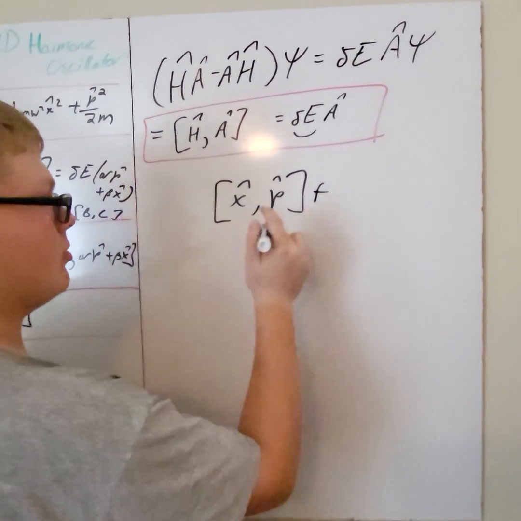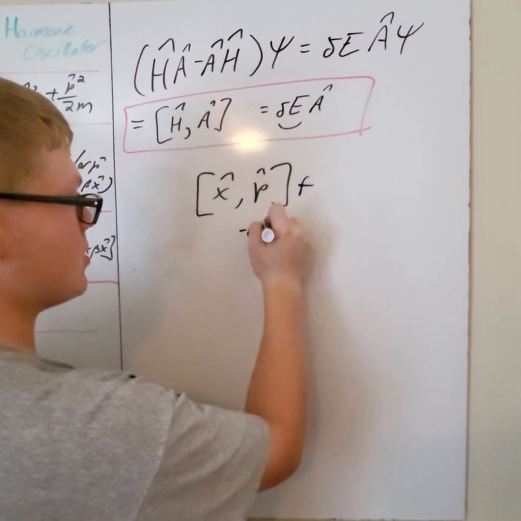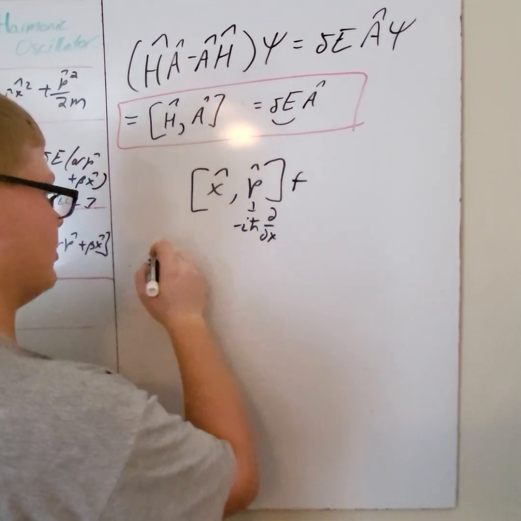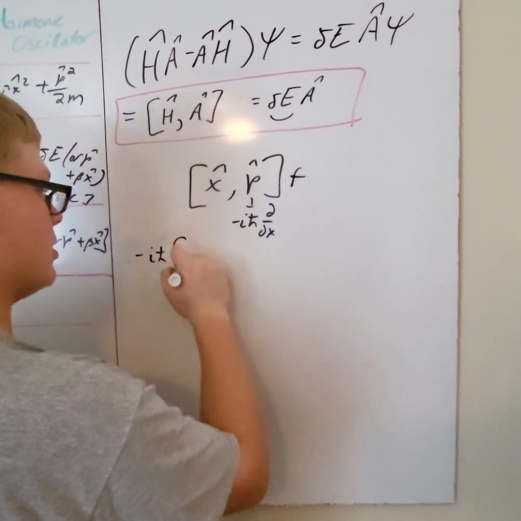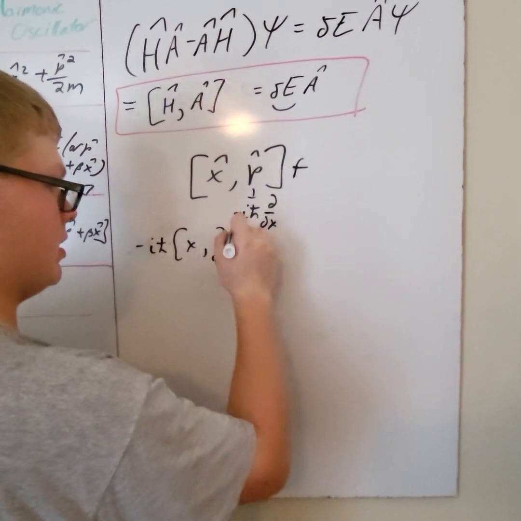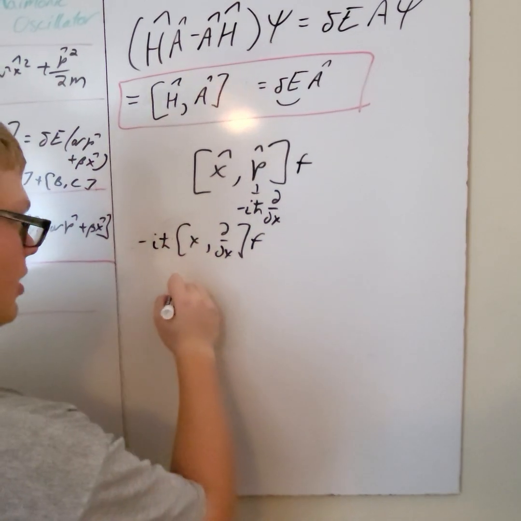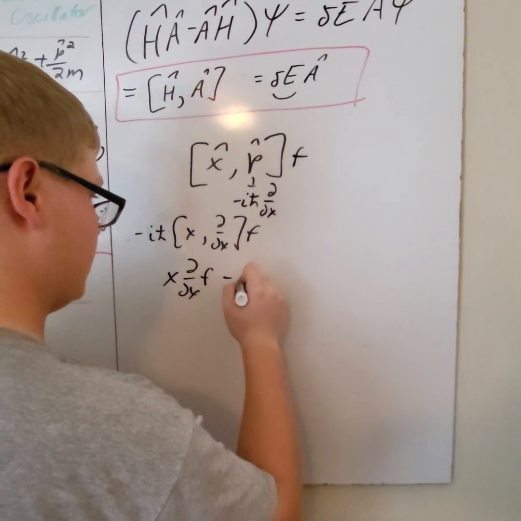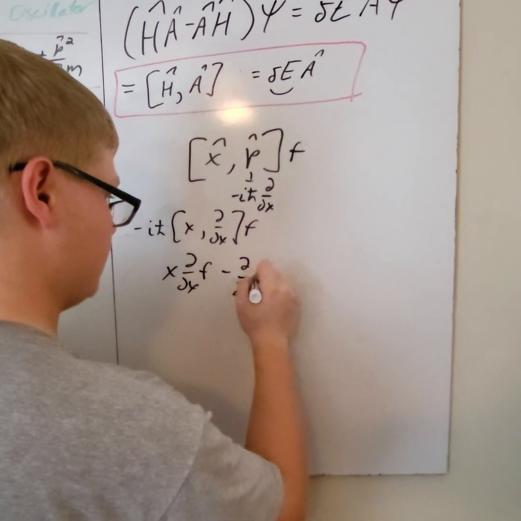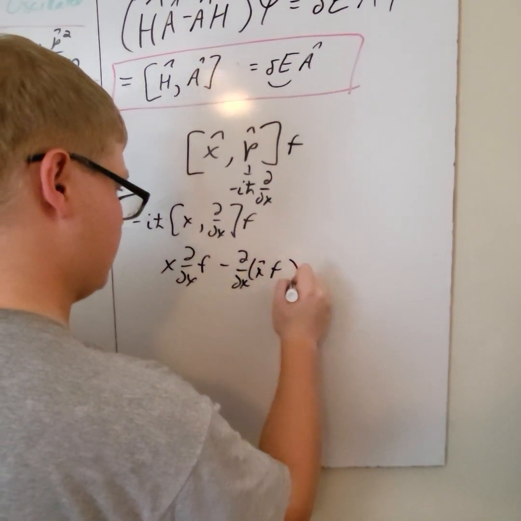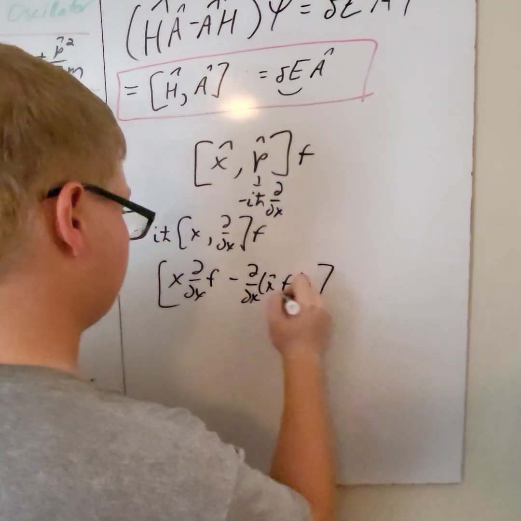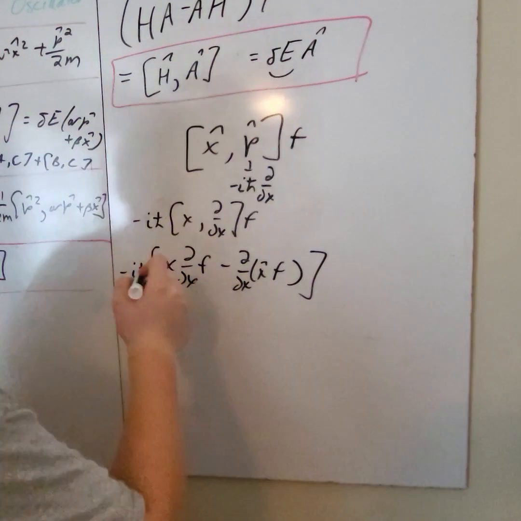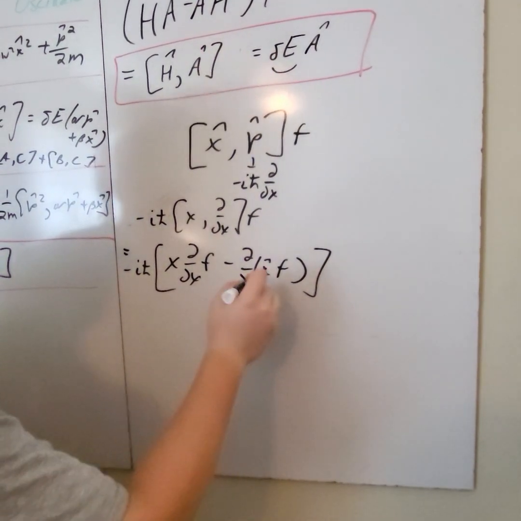We know that the momentum operator is negative iħ times the derivative with respect to x. So we can just pull out negative iħ, x acted on a test function. So by definition, that would be that commutator there.